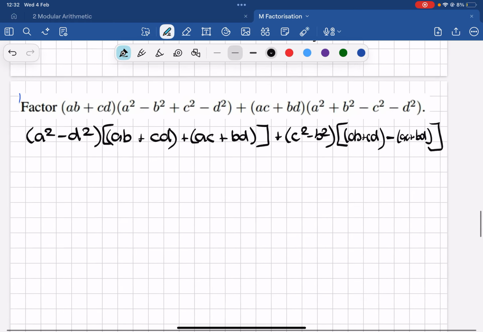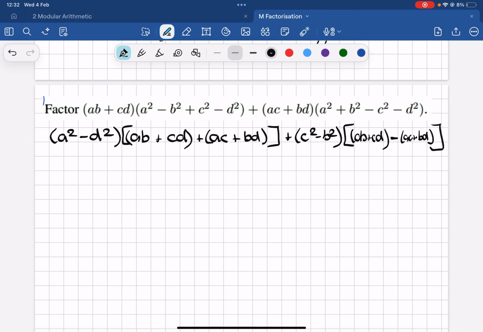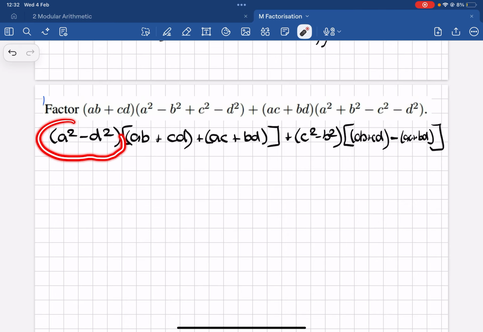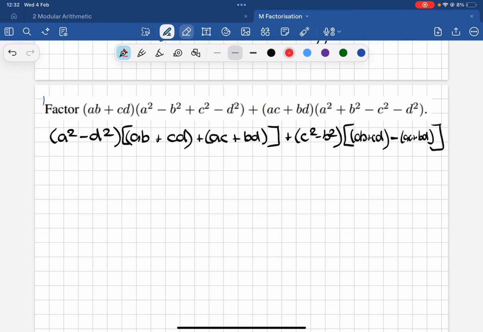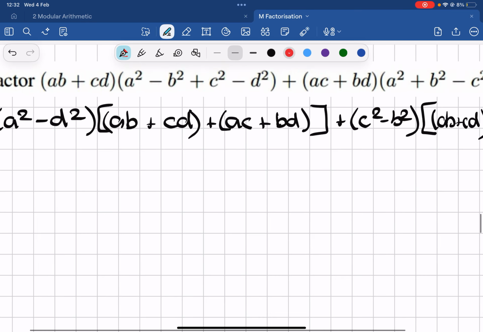Right. I think we can simply factorize these two terms because it's just a difference of two squares. Now we just need to find a way, if we can, to simplify what's in the square brackets. So let's look at ab plus cd plus ac plus bd.